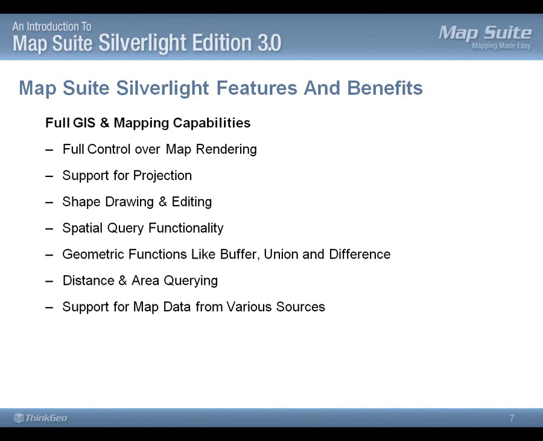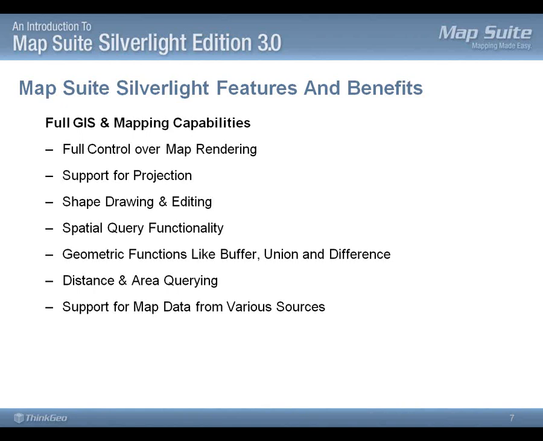You'll be able to do track shape drawing and editing, which is pretty neat in Silverlight. And we also have all the standard things that you would see with our other products, such as being able to do spatial queries and geometric functions like buffering, unioning and differencing, and all the things that you've become accustomed to with our other Map Suite products.